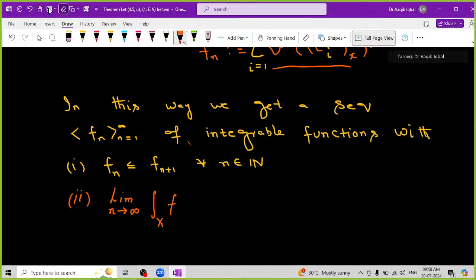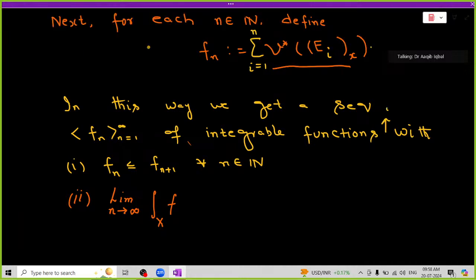This way we get a sequence of integrable functions. वो जो इनकी डिस्क्रिप्शन है fn's की, वहाँ से दिस इज एविडेंट दैट दे आर इंडीड फंक्शंस ओवर X में.